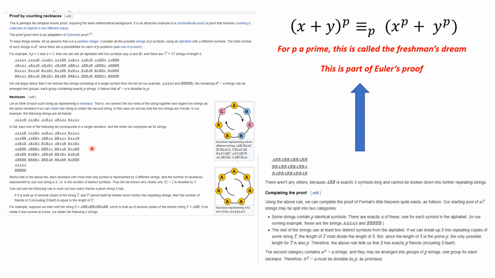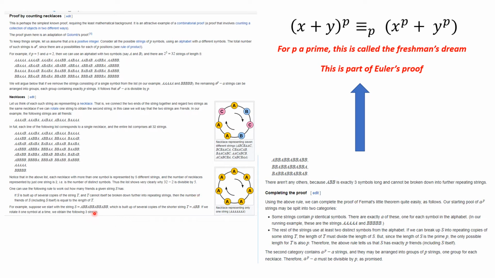This is 3 A's and 2 B's arranged like that, and so on and so forth. So I list all of these possibilities. These are the pure ones. These are the ones that aren't pure. Now, it's very clear that 32 minus these 2 is divisible by 5. That's what we're going to show in general.